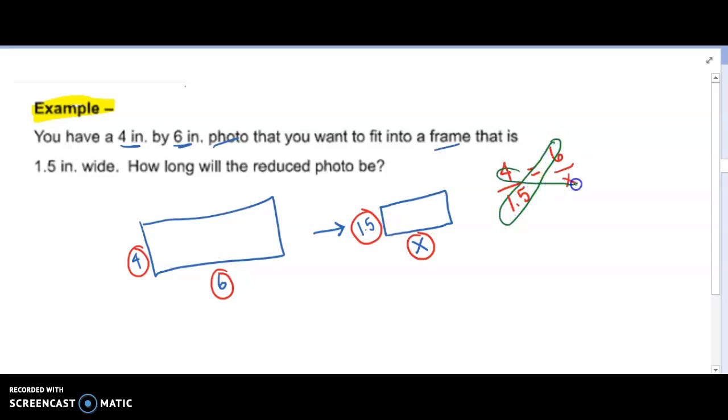So we're going to cross these. So 4 times X is just 4X equals 6 times 1.5. So 4X then equals 6 times 1.5 is 9. Divide by 4, divide by 4. X equals 9/4 or 2.25 inches.